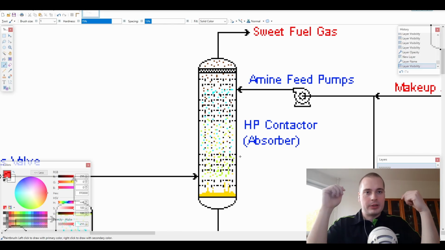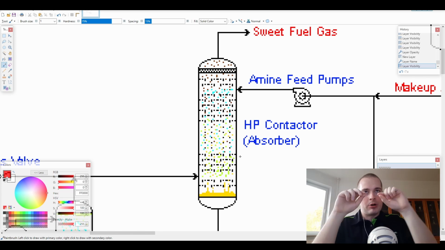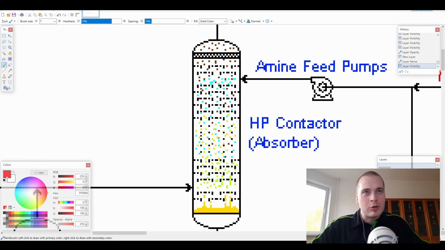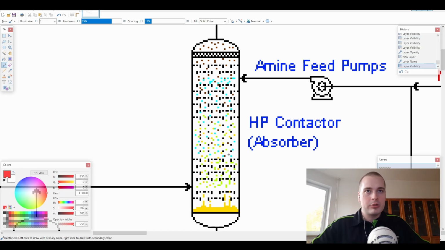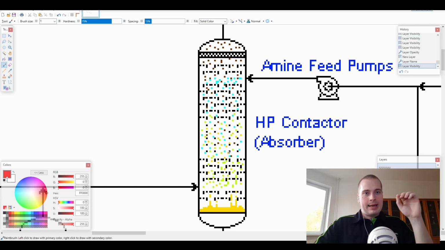So you're just left with hydrocarbons, the fuel gas, shown as those brown little dots that you might not be able to see because of the color I chose. And as the amine solution flows down and absorbs the hydrogen sulfide, it turns into this yellow dot that I show here.